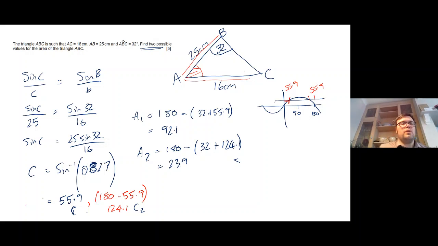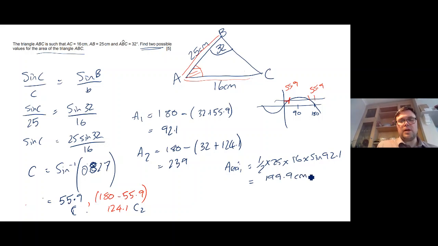Now we need to work out our area. If we write that as area 1, using the sine rule for area, we have a half multiplied by 25 times 16 times sine of 92.1, which would give us an area of 199.9 centimeters squared.